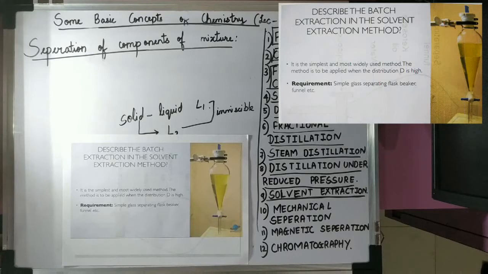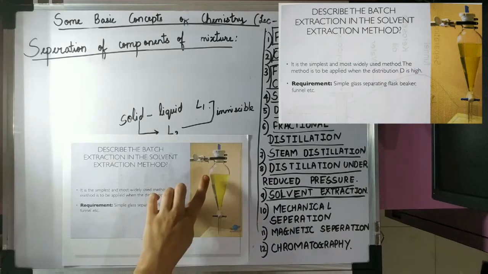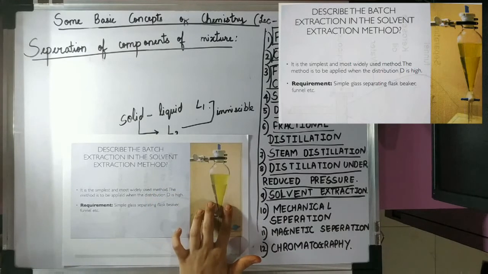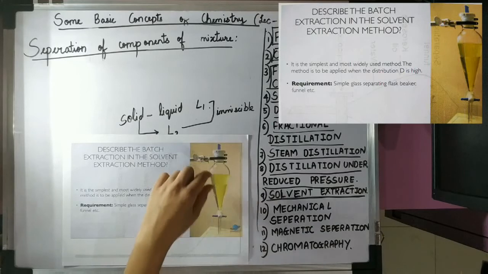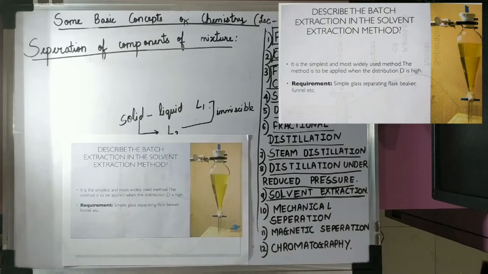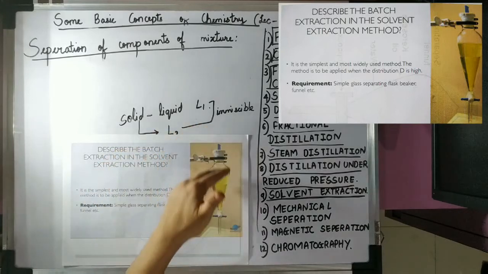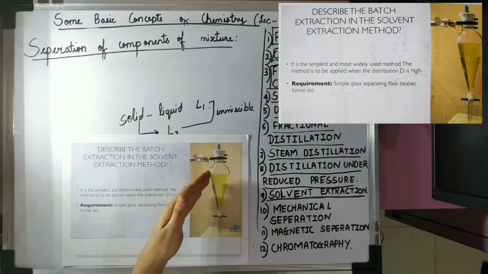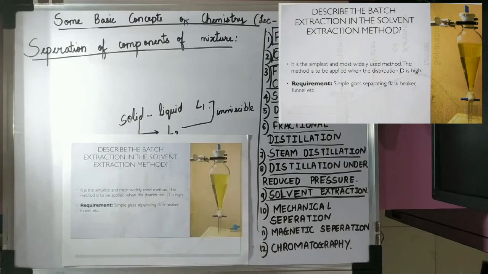Now chloroform has a high density, so it will be present at the bottom. Initially we just have water with iodine present in it. Now I'll add chloroform into this and vigorously shake it, so that the iodine from the water is taken into chloroform. Not all the iodine can be taken into chloroform, because there is a distribution ratio.